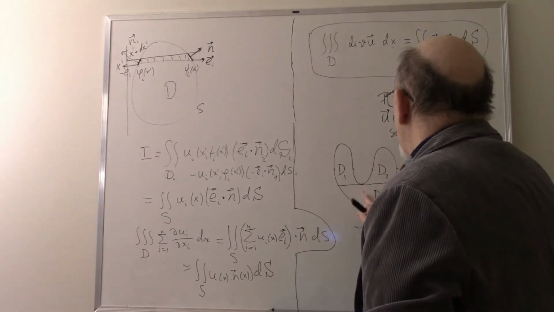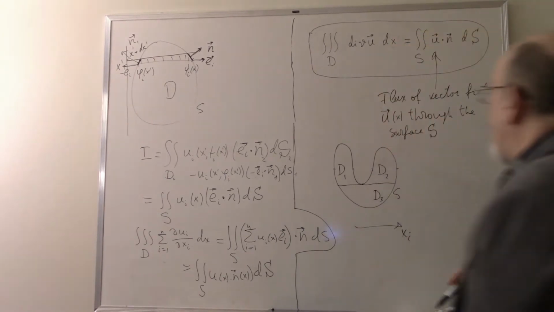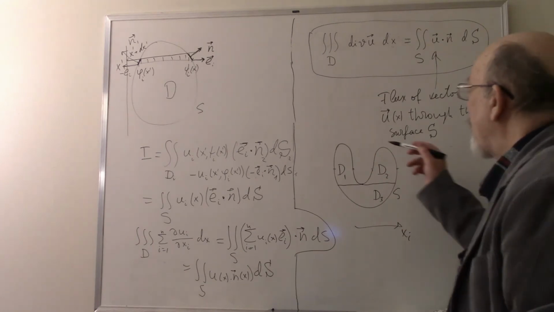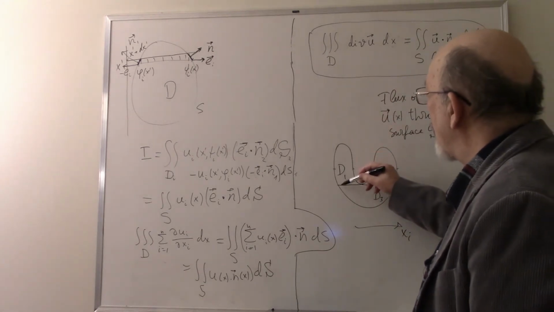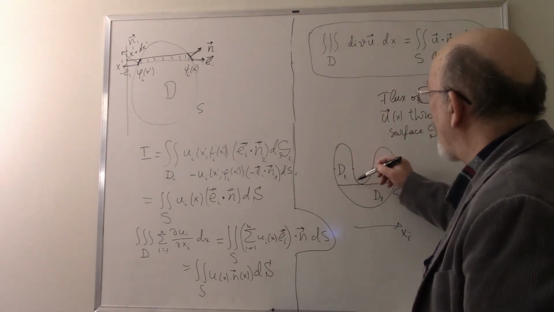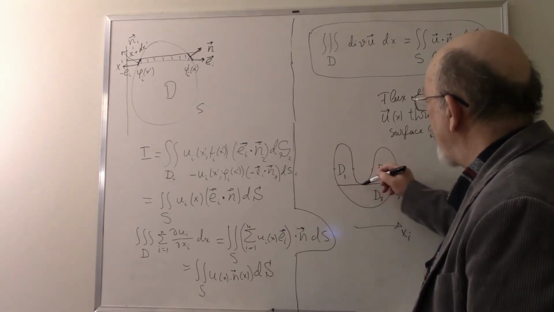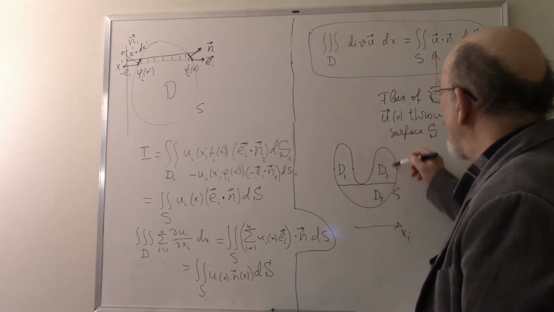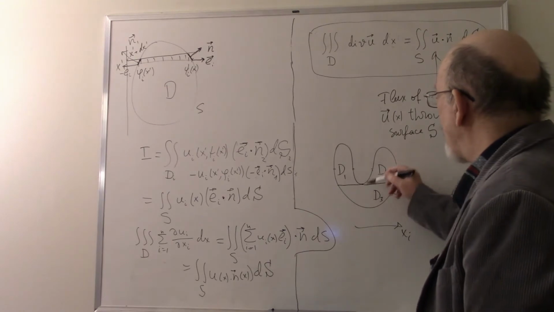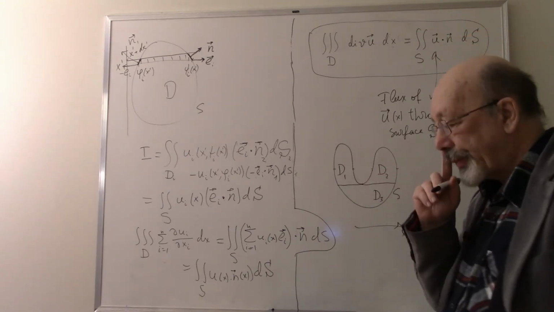And all together they form domain D. So the theorem is true for domain number 1 with this boundary, for domain number 2 with this boundary, and domain number 3.